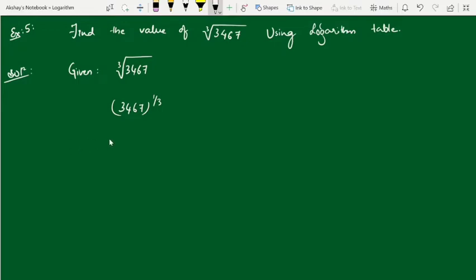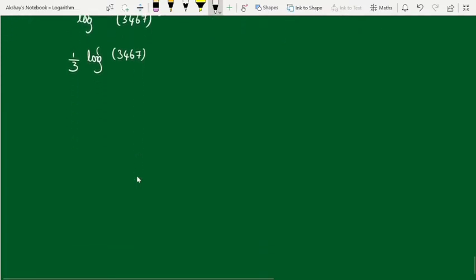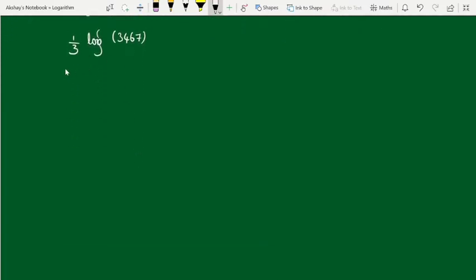After applying log, log of 3467 whole power 1 by 3 means I can write 1 by 3 log 3467. Now it is 1 by 3, and now the log of this value.